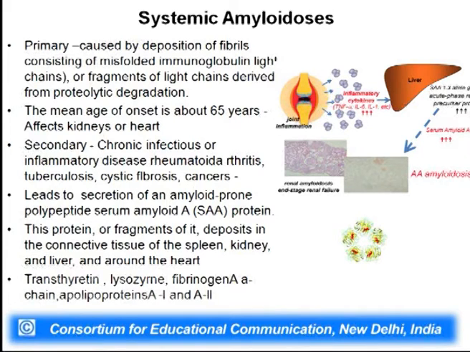So, many proteins can form these kinds of amyloidosis. This could be transthyretin, lysozyme, fibrinogen A, apolipoprotein A1 and A2.